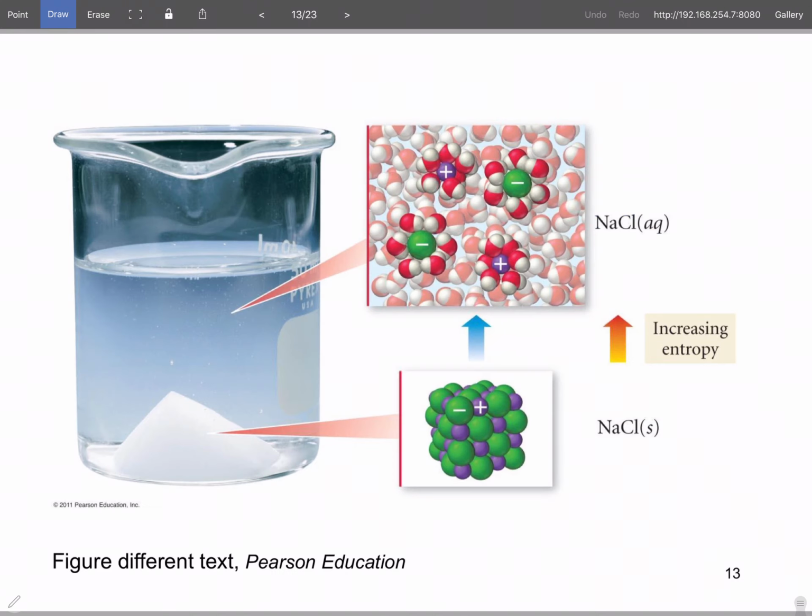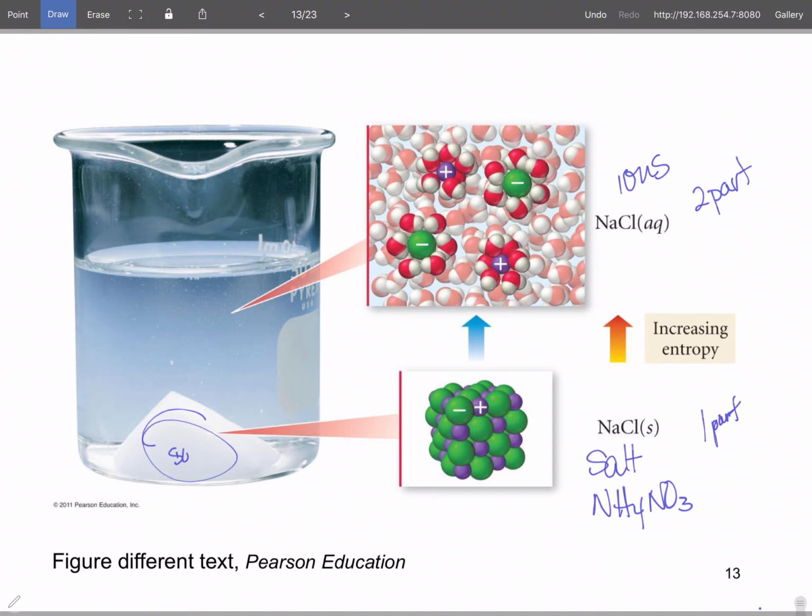But if we look at it, and remember, here we have sodium chloride, which is table salt, and ammonium nitrate is also a salt. Notice that when we put it in water, it starts to separate, the ions separate out. So you're going from one particle up to two particles, and the one particle is localized.